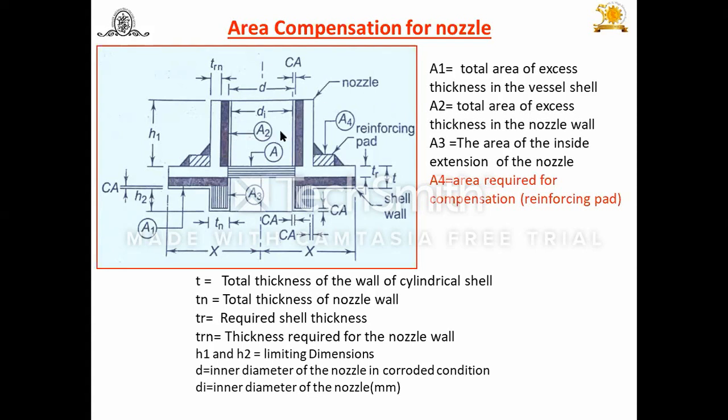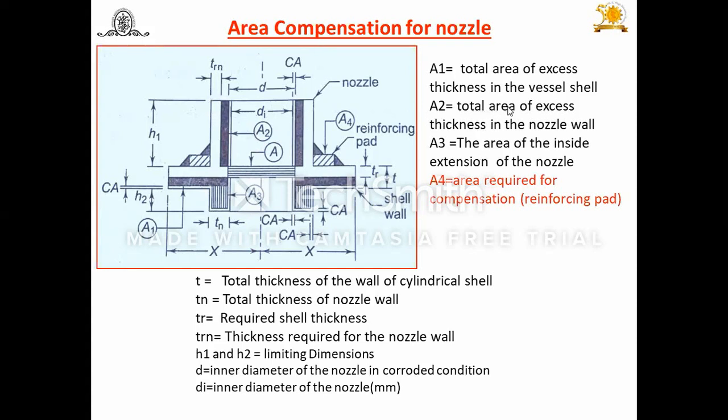And you will find these areas A1. What is A1 now here? Look at this A1. This is the shell thickness, cylindrical shell thickness, and below this A1 is added, or area is added. The total area of excess thickness in the vessel shell. It is in the vessel shell. Then what is A2? This is added in the nozzle.